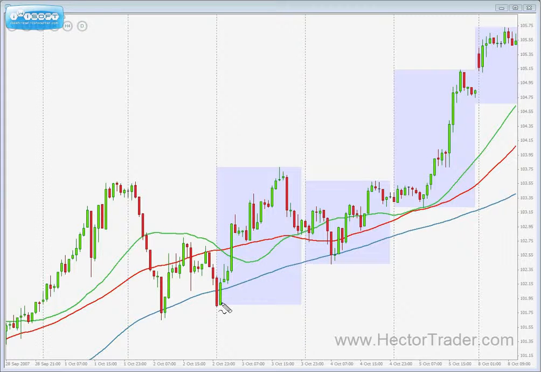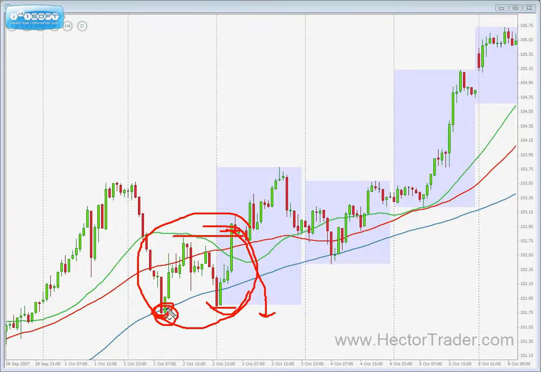Basically, if we acknowledge this attack as failed, once the entry is given, the whole setup will fail. I mean, if this reversal formation is to fizzle out, the indication that the setup as a whole has fizzled out is when we actually take out this low, therefore making new lows and making another attack to the all-time low, which is the aspect number 1.